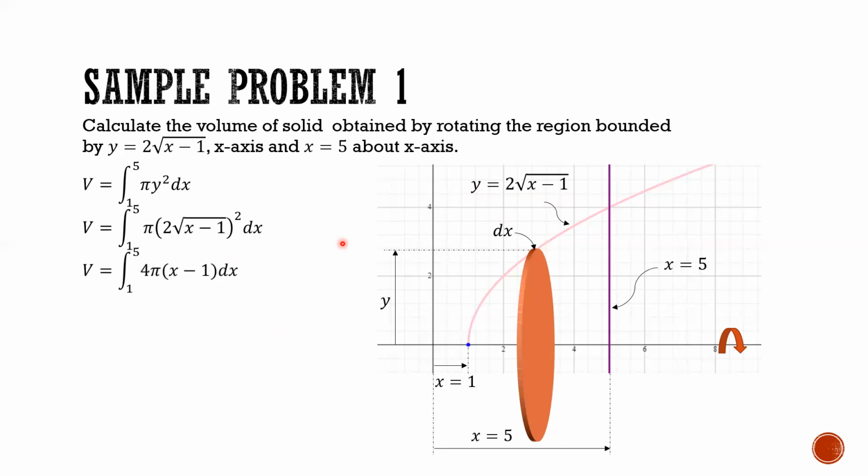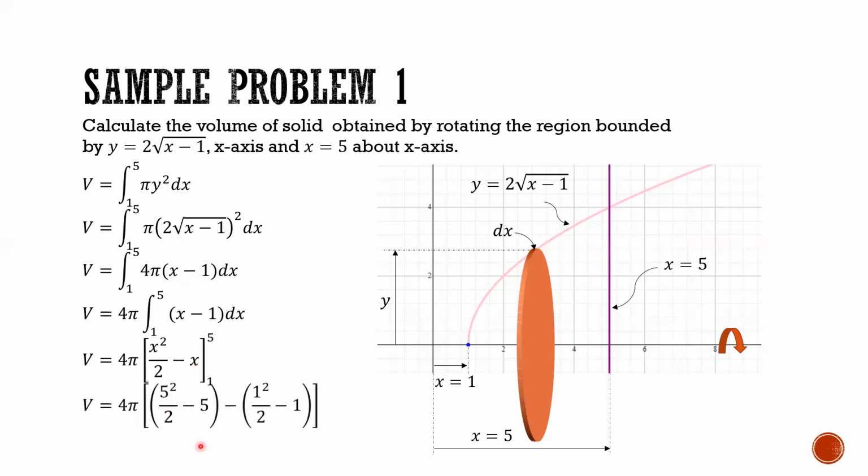We can expand, or we can evaluate the exponent first prior to integrating, and in this case, we did exactly that. And then, as we can see as well, this is an easy function to integrate. So let's just apply the power rule, and then insert the upper and the lower limit, and that would give us the volume of the solid.